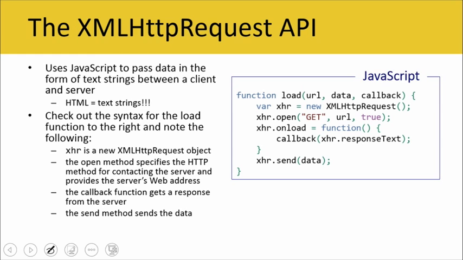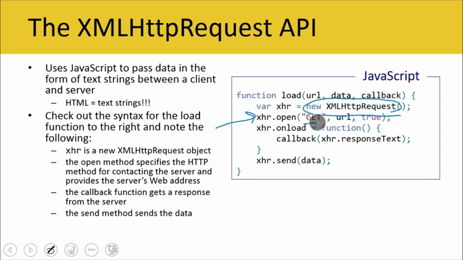We've got some basic syntax here for the load function to the right, and I want you guys to note the following here, right? So we go ahead and we create a new XML HTTP request object, stored in XHR, right, which is short for XML HTTP request, and then the open method here is going to specify the HTTP method for contacting the server, right?